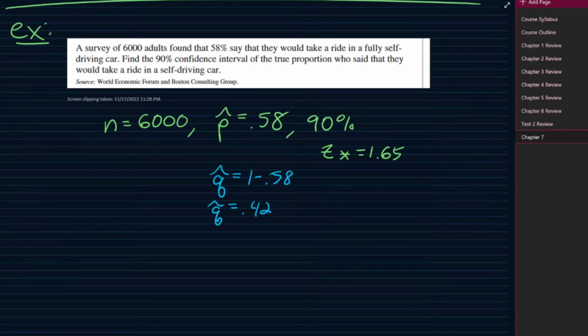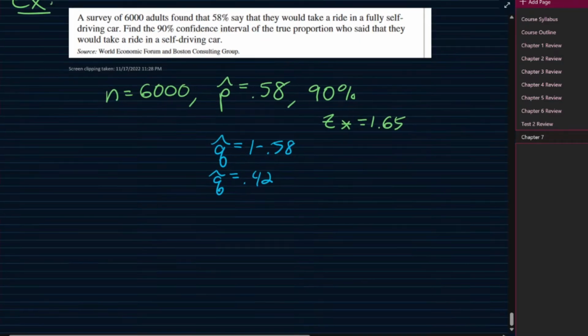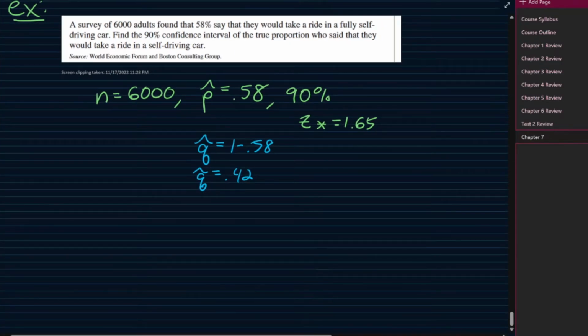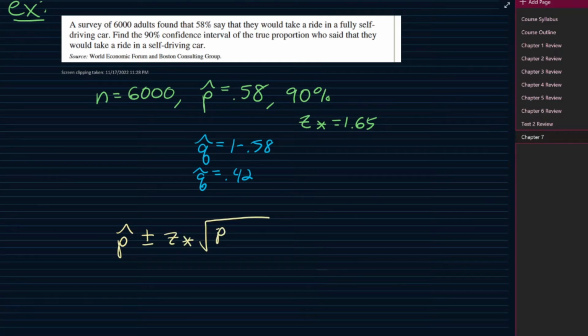So now we know everything needed for the formula. p hat plus minus z star times square root p hat q hat over n. So we get 0.58 plus minus 1.65 times the square root of 0.58 times 0.42 over 6,000.